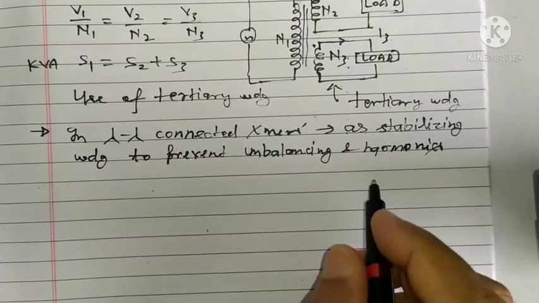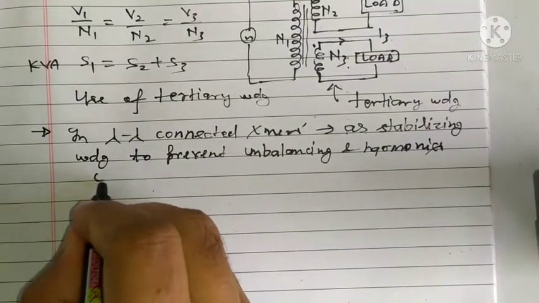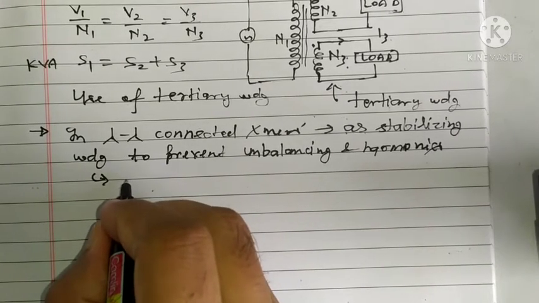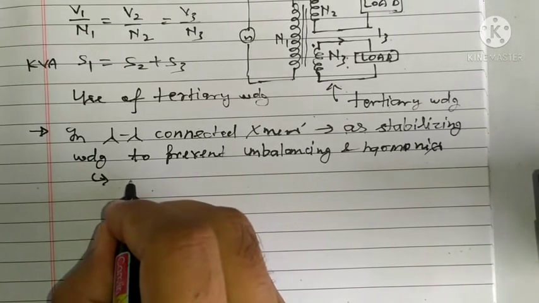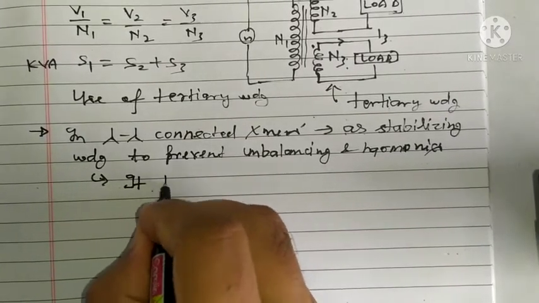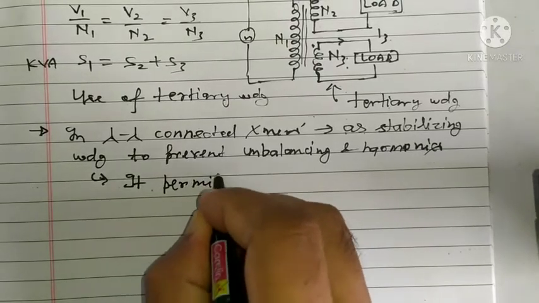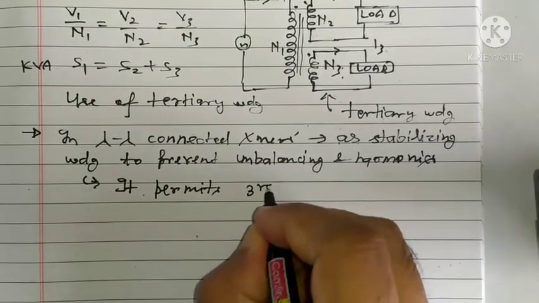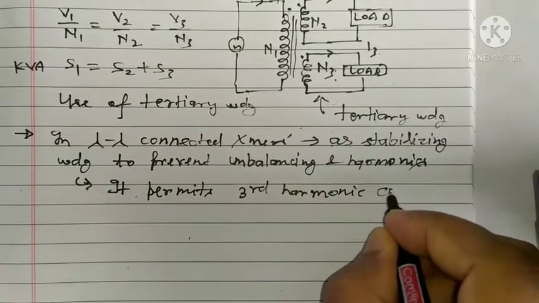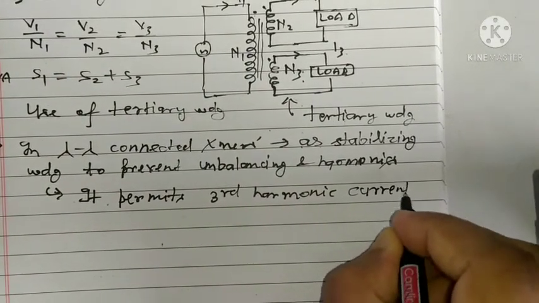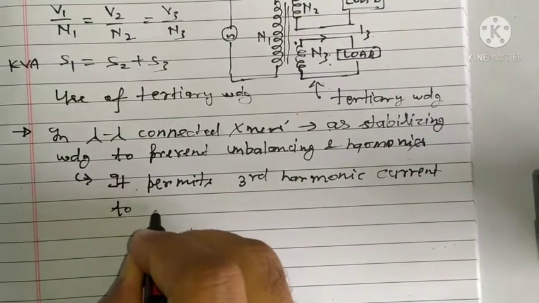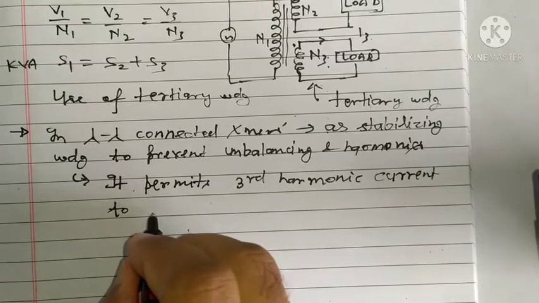So how does it prevent harmonics? The third winding permits third harmonic current to flow in it, right? So this tertiary winding permits third harmonic current to flow in it, and in this way it will not appear in output.